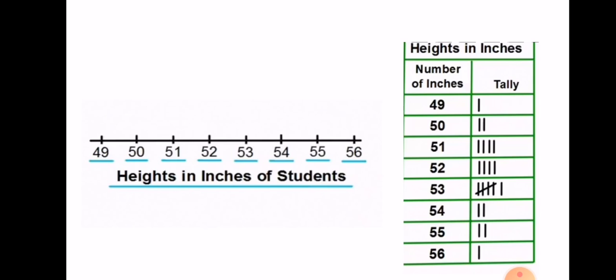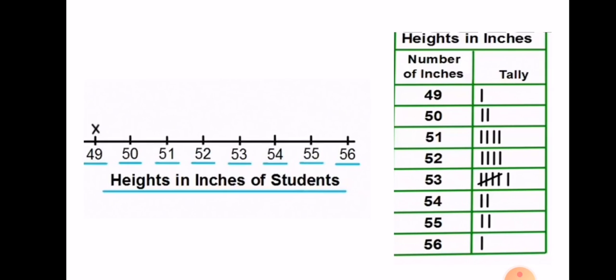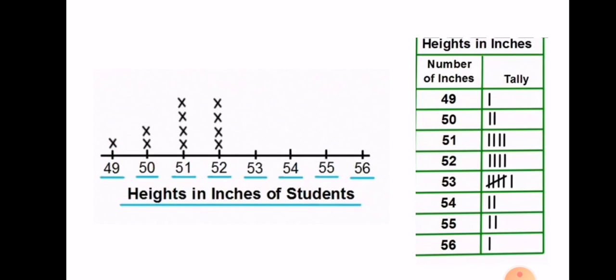Okay. Then how can I put my values? I will take the numbers of the tally marks that we called the frequency, and I will put them using x's. What do x's mean? The letter x. How? Let's see. In front of 49 I have just 1, so I will go to 49 and draw above it 1 x. Then in front of 50 we have 2, so above 50 I will draw 2 x's, and so on.